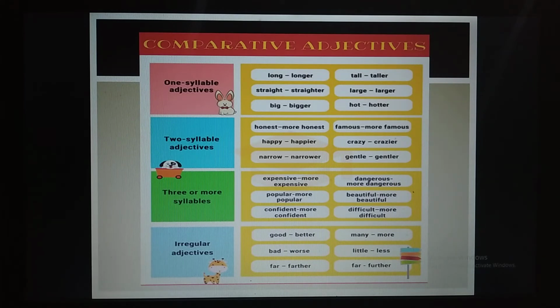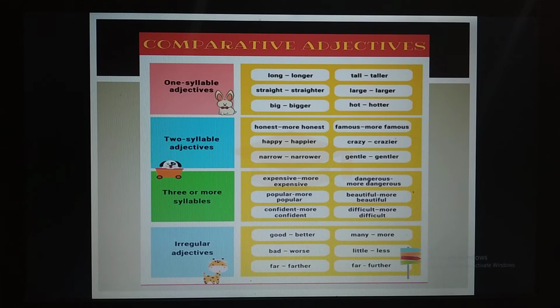Next, for two-syllable adjectives, we have honest to more honest, happy to happier, narrow to narrower, famous to more famous, crazy to crazier, and gentle to gentler. And also for three or more syllables, we have expensive to more expensive, popular to more popular, confident to more confident, dangerous to more dangerous, beautiful to more beautiful, and difficult to more difficult.